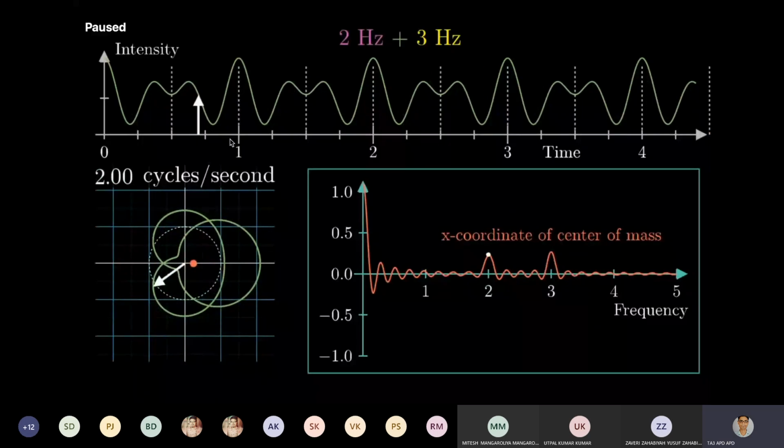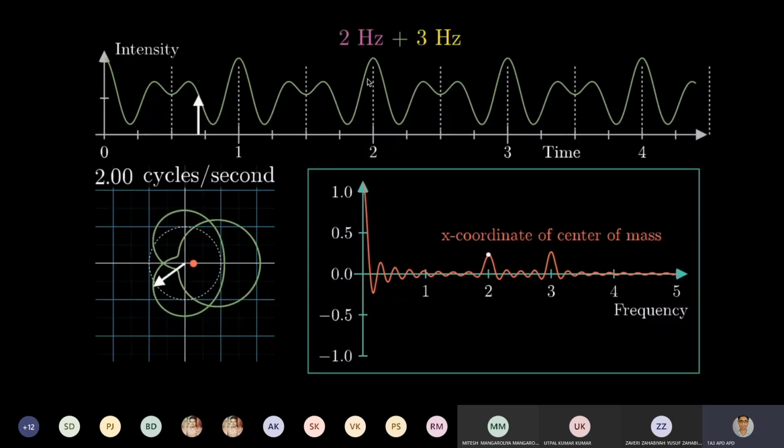So what we have been watching so far is that if you take any curve and wind it up in a circular plot, and track the x coordinate of the center of mass, then we find that exactly when your winding frequency matches your original frequency, you get a peak.